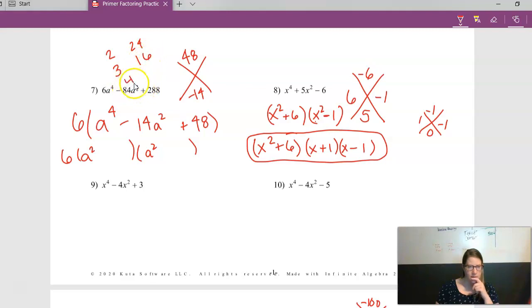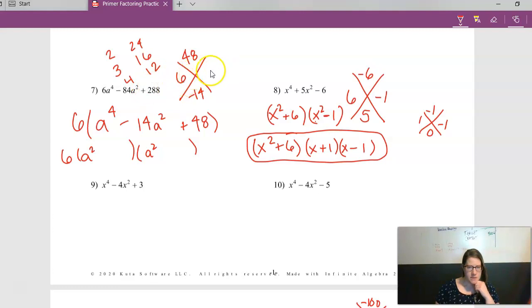We could have 4 times 12. We could have, 5 won't go in. Let's see, 6. 48 divided by 6 is 8. There we go, 6 and 8.